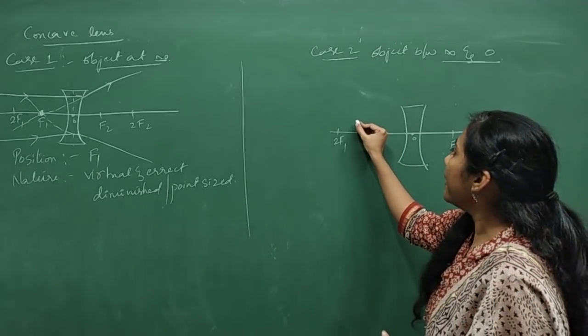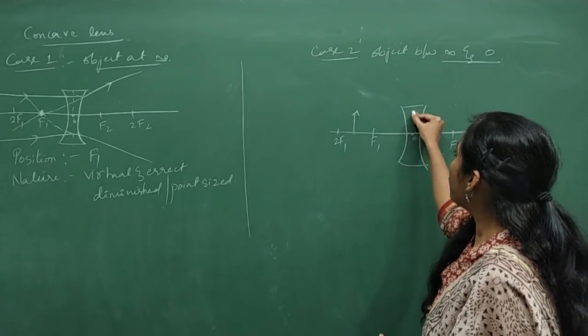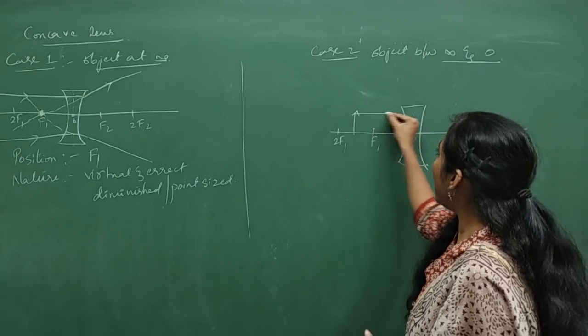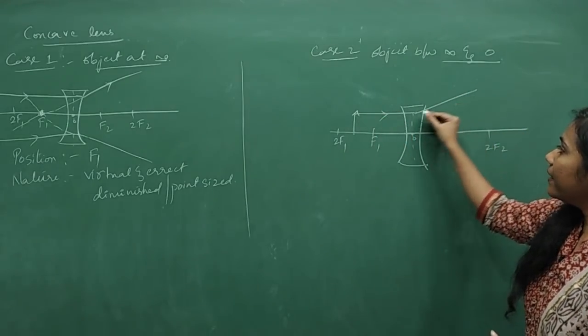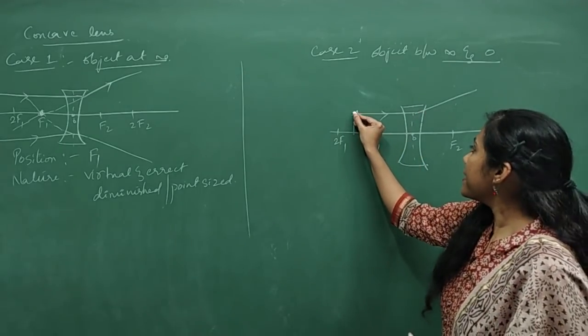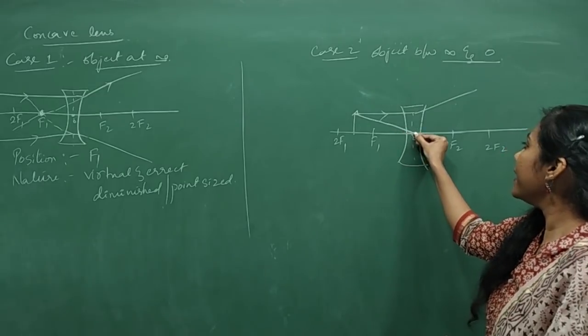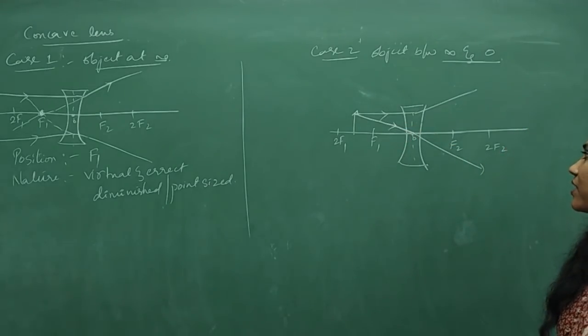Let me keep my object here. So what are the incident rays I can draw? One incident ray is parallel to the principal axis, and that would diverge, and another incident ray I will take that is passing through the optic center and there won't be any change in the direction.